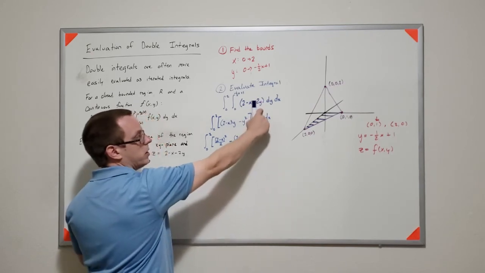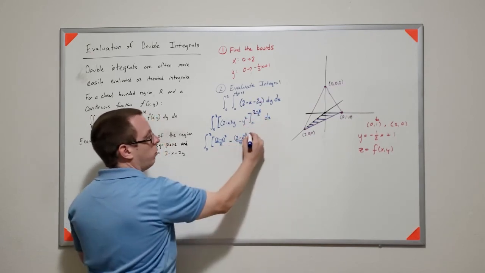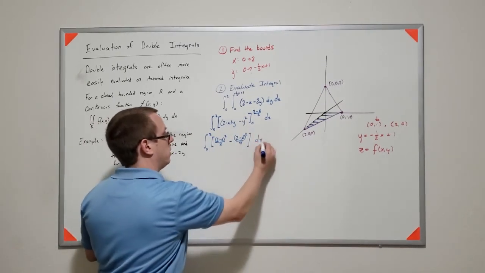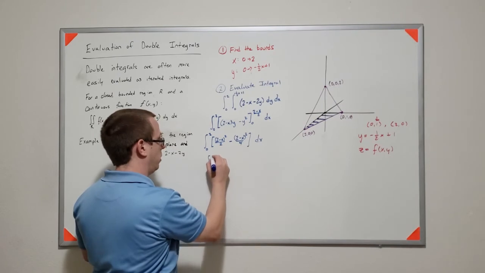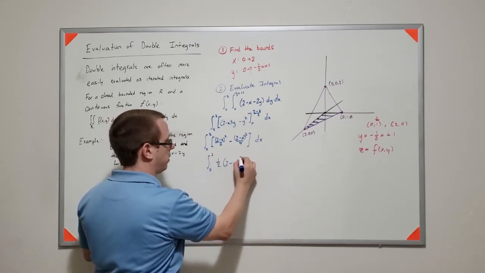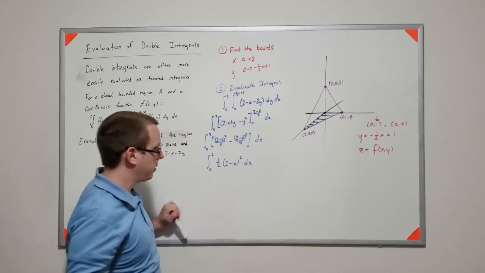Because to square this, I get 2 minus x squared over 4. And then, of course, when y is 0, it's just 0, dx. So that gets me 1 half 2 minus x squared dx.